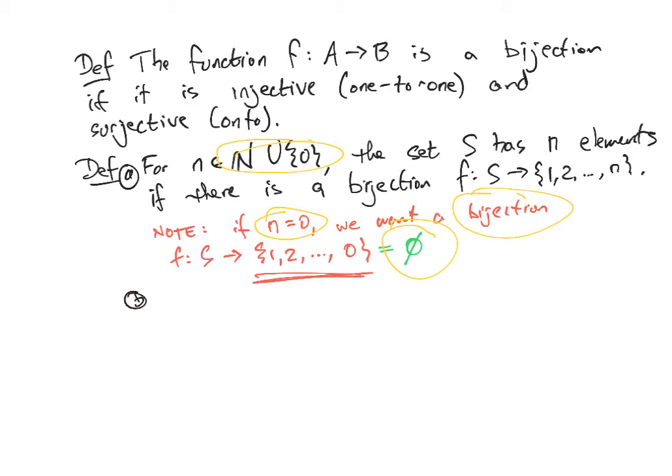For no other set could we even define a function to the empty set. Because in our definition of function, we said that it had to associate to every point in the domain a point in the range. Okay? So if our range is the empty set, we just can't define any functions at all from S to the empty set unless S itself is the empty set. Okay?